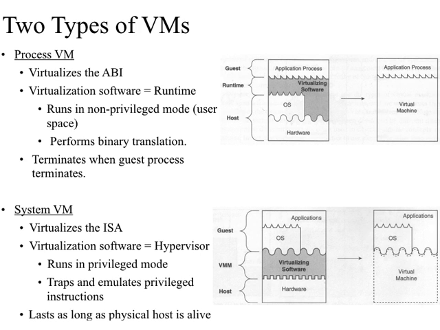The process VMs are also known as runtimes because they represent the runtime environment, the environment seen by a process during execution. So these virtual machines usually virtualize the environment seen by a single process. They are a virtualization environment for a single process. So these runtimes start when the process starts and they terminate when the process terminates.